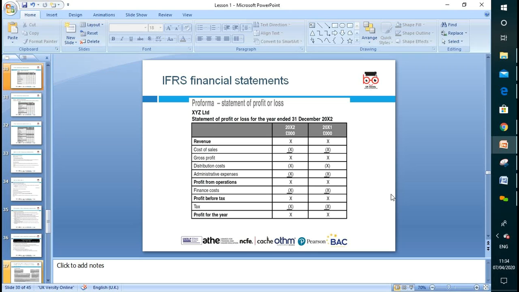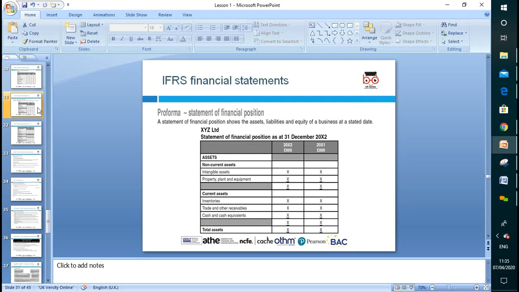We can apportion it between the two departments that use it. Then finance cost is the cost of borrowing money. If you borrow money, you have to pay interest, known as a finance cost in the business. And then we have taxes, and then there is the profit for the year. That profit we can distribute between the shareholders in the shape of dividends. We normally do not distribute all.